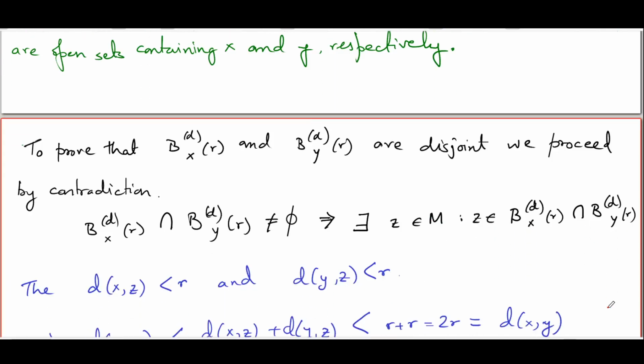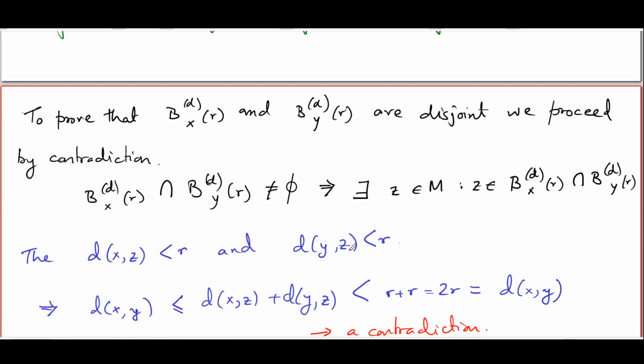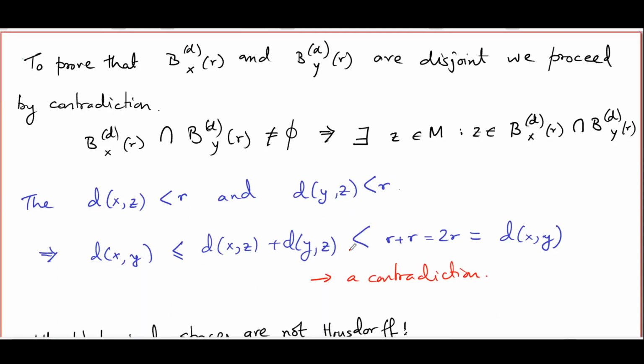But then, because z belongs to this intersection, it has to belong to both of these two open balls. The distance of z from x must be less than r, and so must the distance of z from y. But these two things together tell you that the distance between x and y must be less than or equal to the distance between x and z plus the distance between y and z. This, of course, is the triangle inequality.